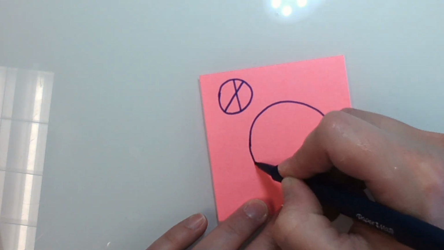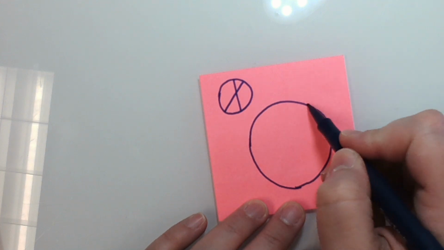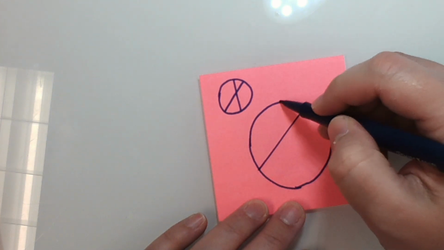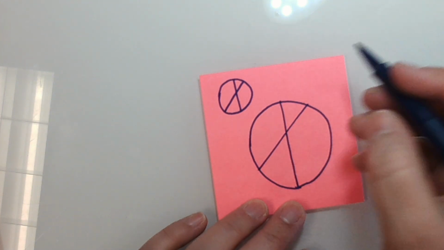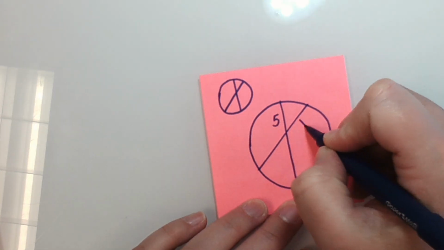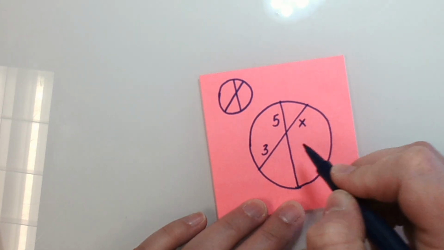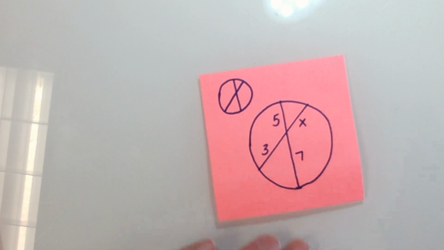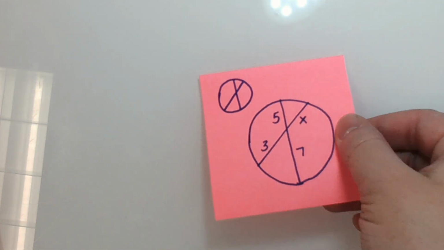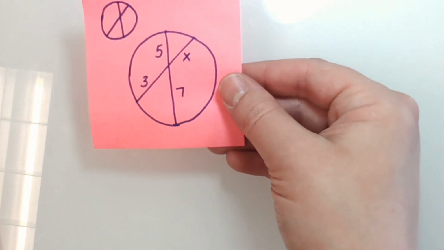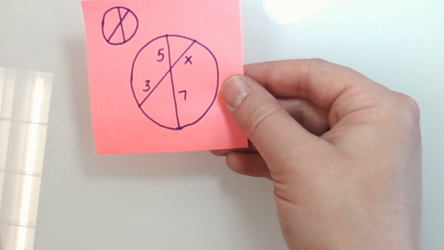So let's say I get a little bit more specific with my picture. Are those angles or are those segments?